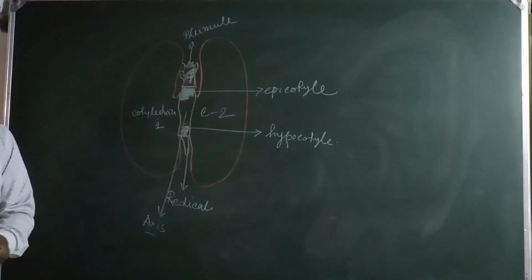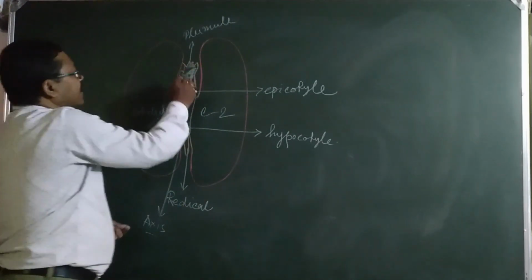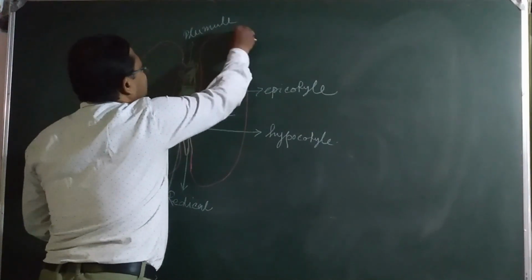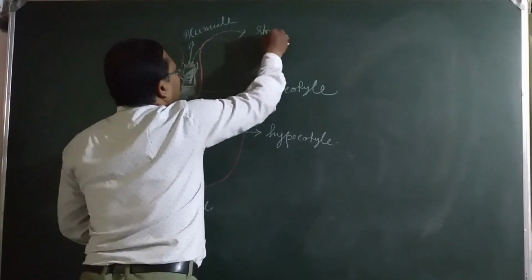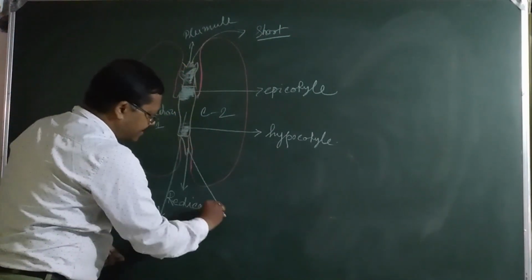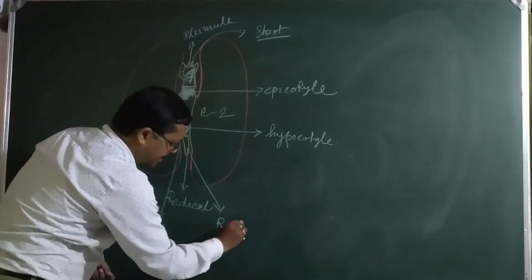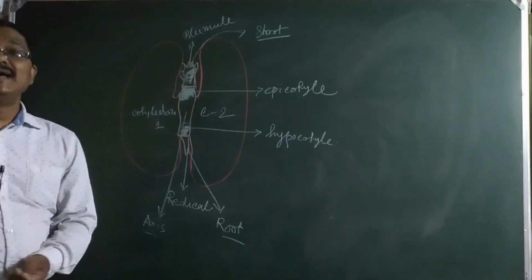What happens when the embryo grows? The plumule gives the first leaf and grows into the shoot, the stem, and the radicle ultimately transforms into the root. This is the main structure of the dicot.